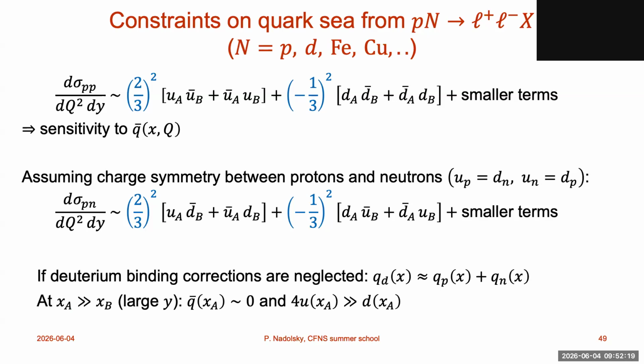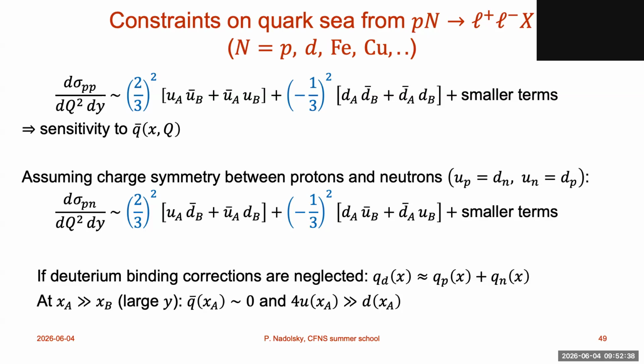So now, for example, you could take the deuteron and assume that in the first approximation you neglect the binding corrections inside the deuteron. Then you can take the limit of large rapidity or large XF, XL much larger than XP.